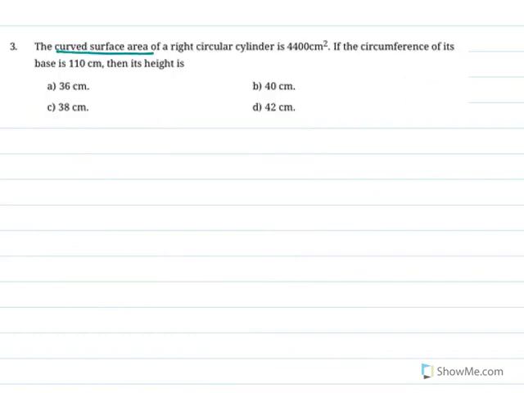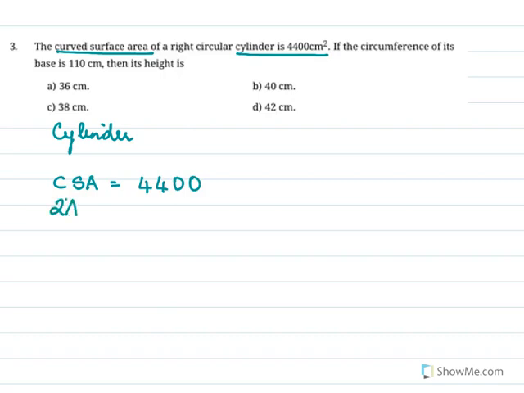The next sum, the curved surface area of a right circular cylinder is 4400. Circumference is 110. So here we are dealing with a cylinder and the curved surface area is 4400. Now the curved surface area of cylinder is 2 pi r h, equal to 4400. Here the radius is not given to us, but the circumference is.